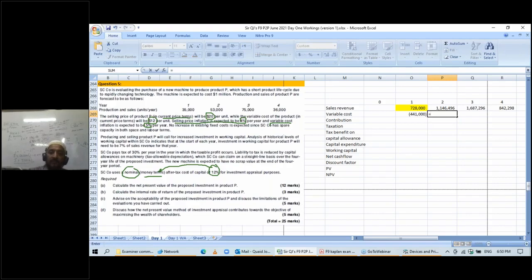Then next year, 12 multiplied by 1.05 to the power 2 multiplied by the quantity, which is 53,000. In the third year, 12 multiplied by 1.05 to the power 3 multiplied by the quantity, which is 75,000.